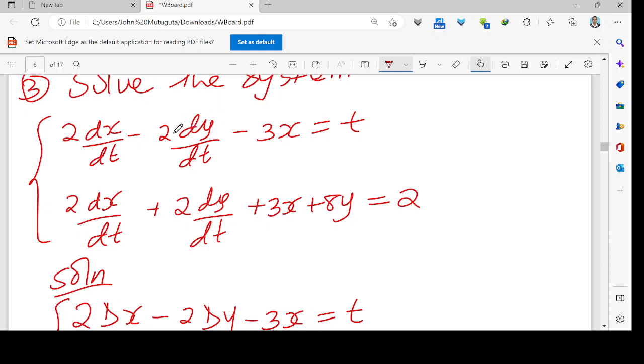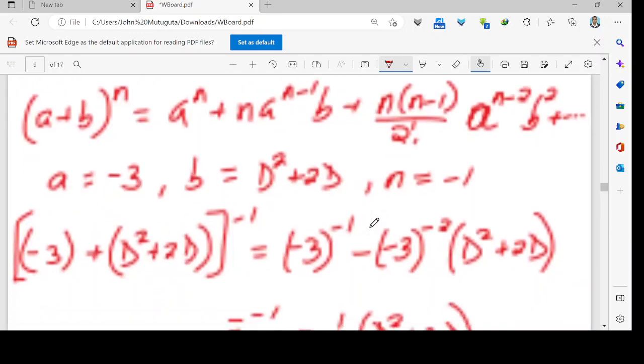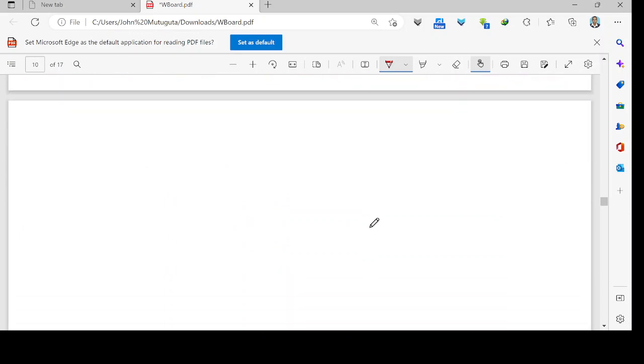Then this plus this will give us 0, and this and this will give us 0. So we can actually add. Let me write the equations down here.